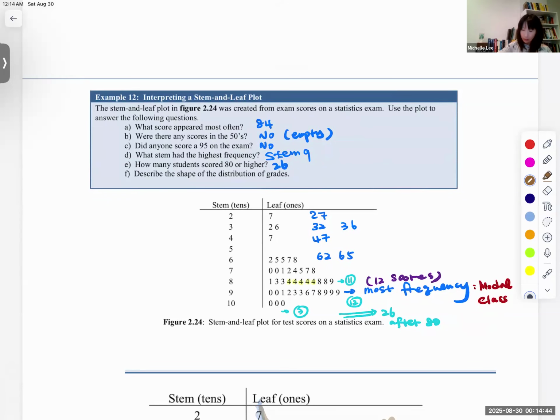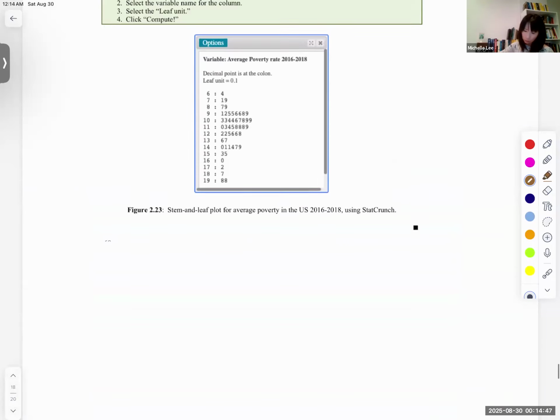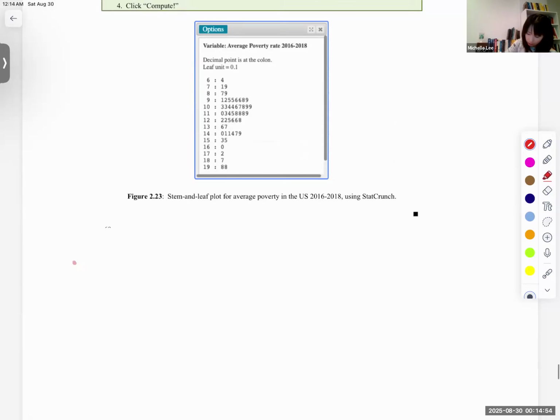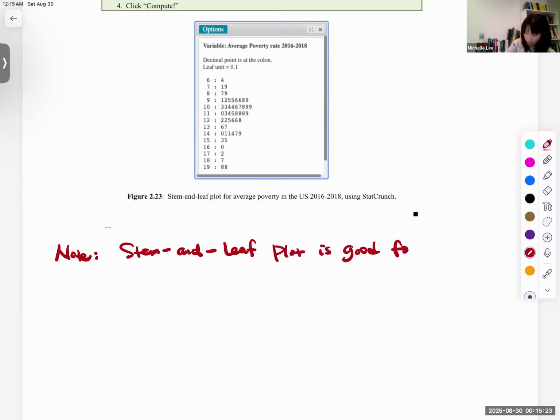So let me write it down. Stem and leaf is good for keeping the original data set.